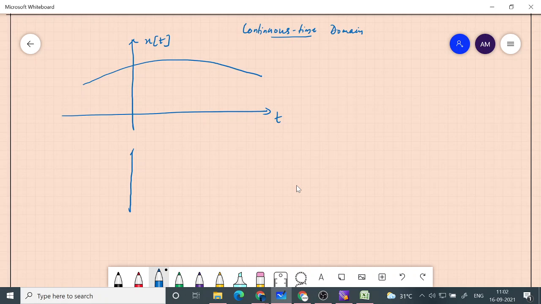The pulse function, let me call it p of t, has amplitude 1, and with a suffix delta, its width is delta. This is not an impulse function, this is a pulse function, because the height is fixed at 1, but the width is delta, and it is located from 0 to delta.